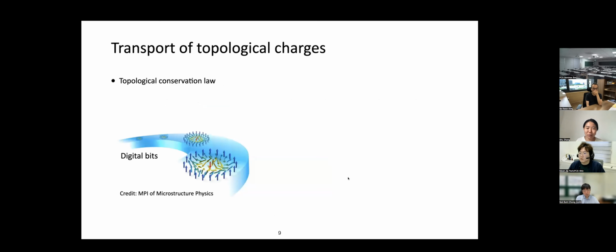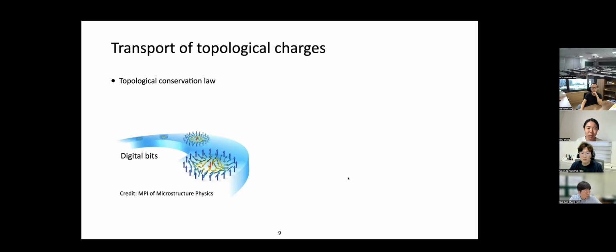And why are we so obsessed with injecting topological charges? As very well summarized by our last speaker, because topological charges follow topological conservation law, they're very stable in the bulk. So once they're injected from the boundary into the bulk, they cannot go anywhere. They're protected and they cannot annihilate easily.